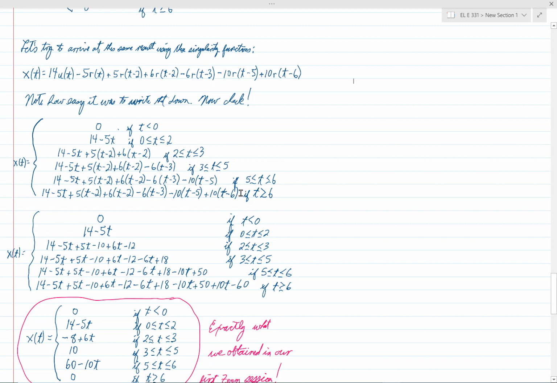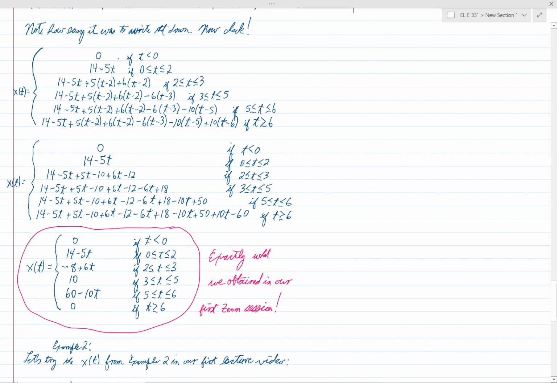And now let's see if it all works out correctly. The 0 is 0, 14 minus 5t is 14 minus 5t. Then, 14 minus 5t plus 5t, so the t's go away and we have 14, and 5 times negative 2 is negative 10, so 14 minus 10 is 4, and 4 minus 12 is negative 8.